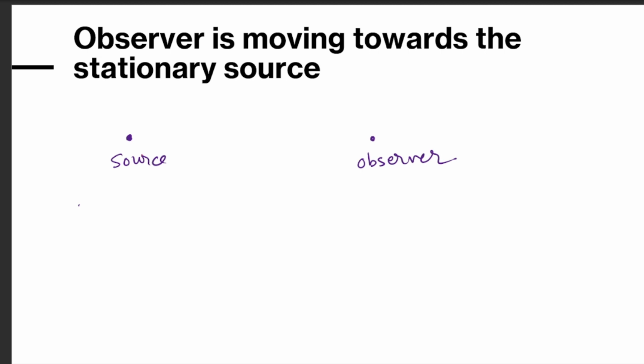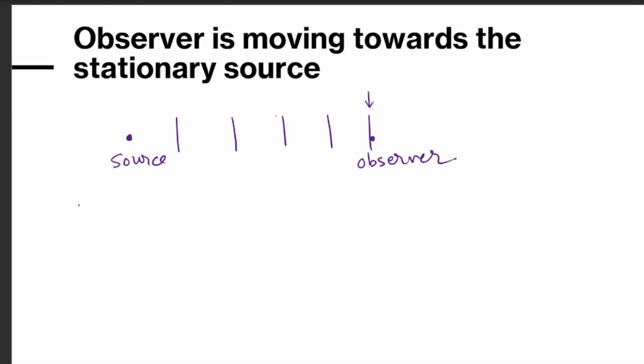But for simplicity, let us start from the very beginning. This is the pulse which is given by the source, and the pulse is reaching towards the observer. Here is the pulse received by the observer, this pulse. As the observer receives the pulse, he hears a sound, right?